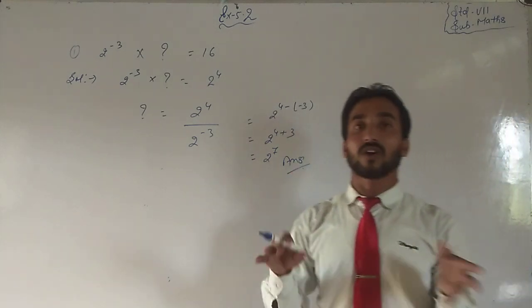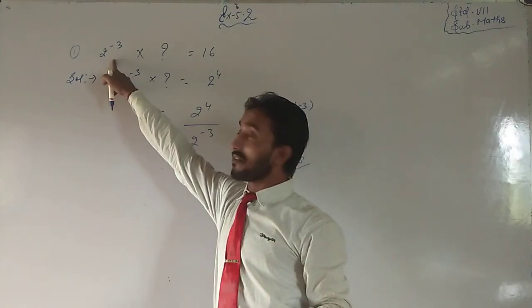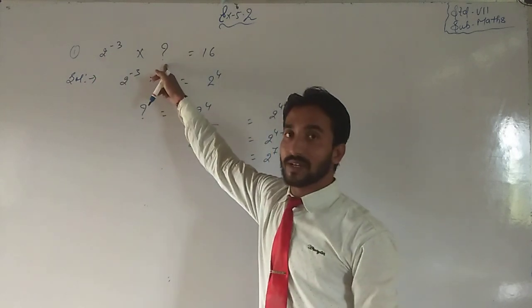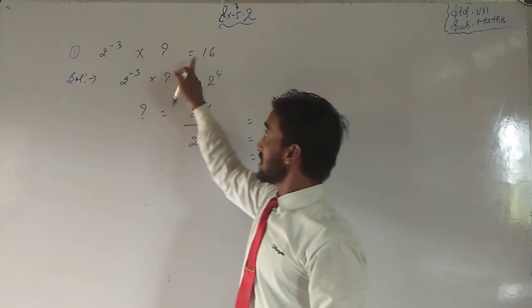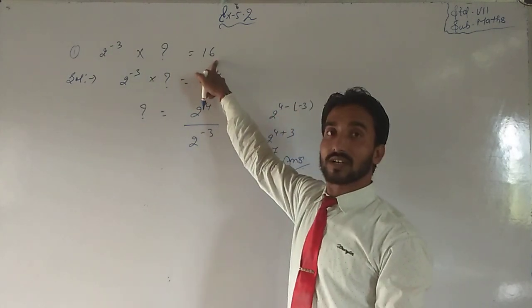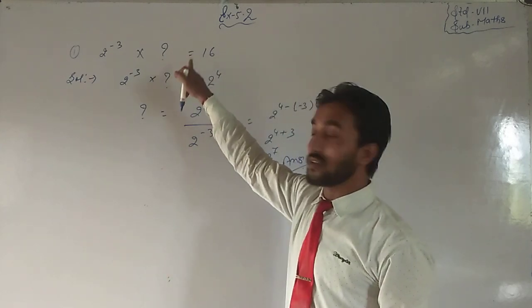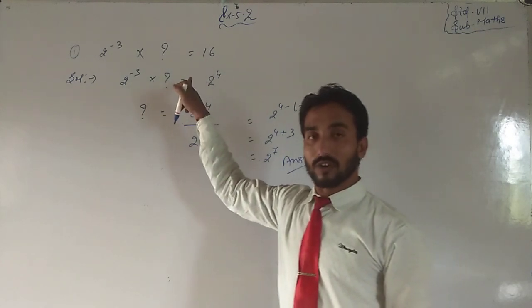The question says by what number we will multiply 2 to the power minus 3. So 2 to the power minus 3 into what number? We are not knowing. The product will be 16. So what I did, simply, I converted this 16 into exponential form. When we convert into exponential form, first of all we find out the prime factorization.